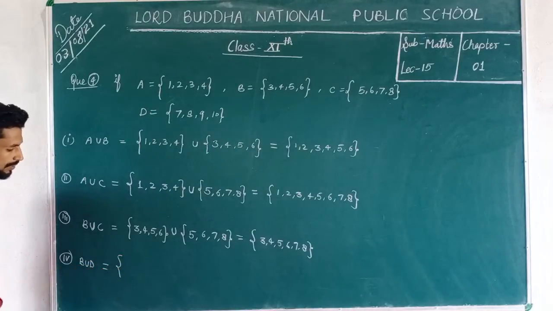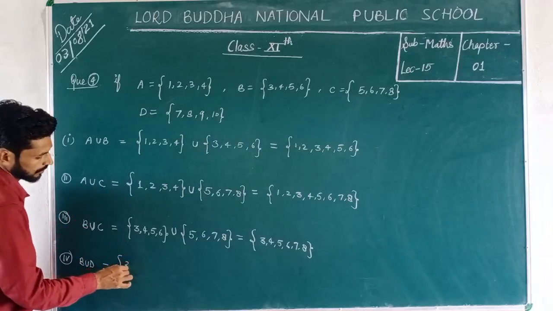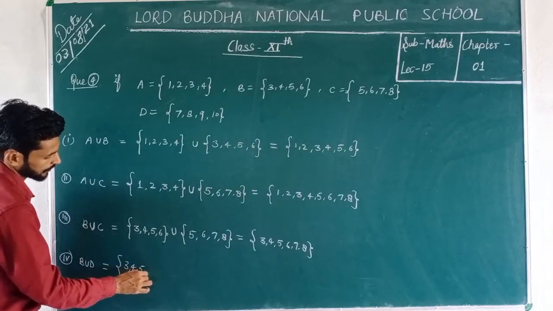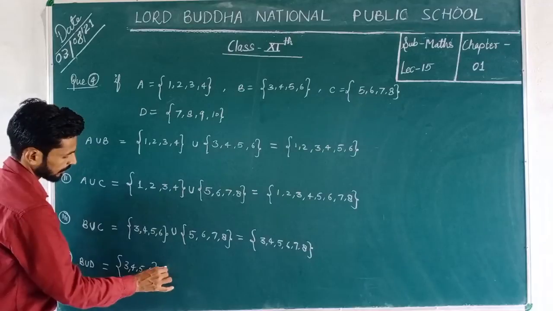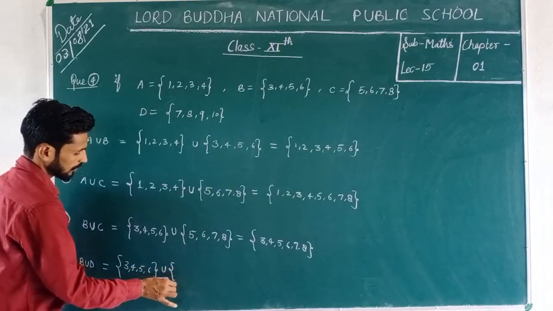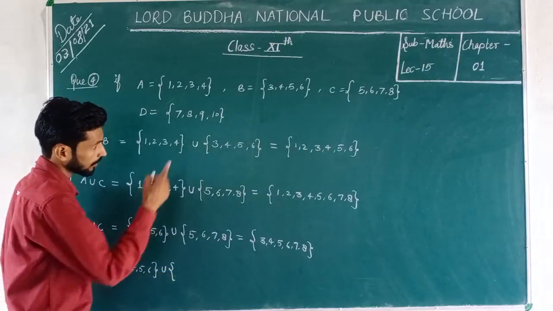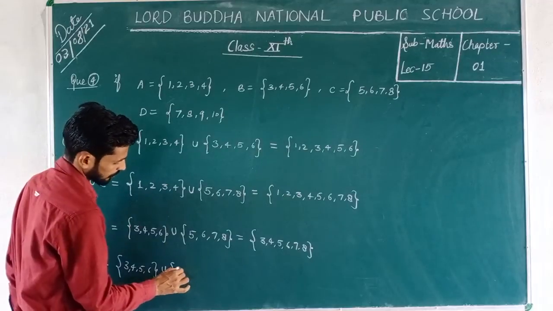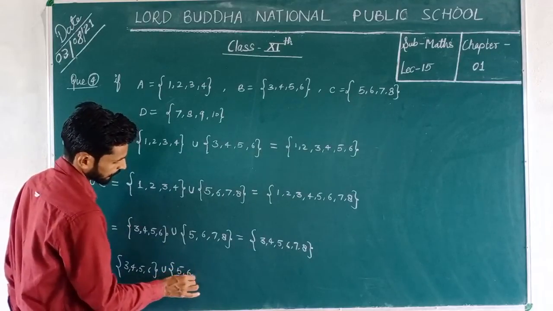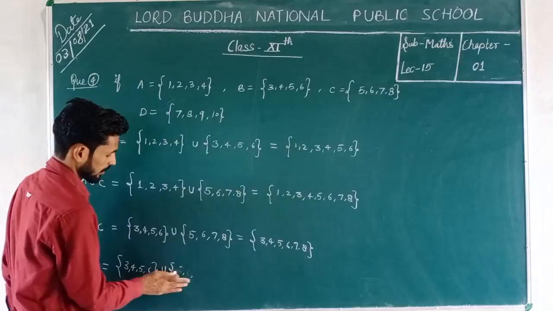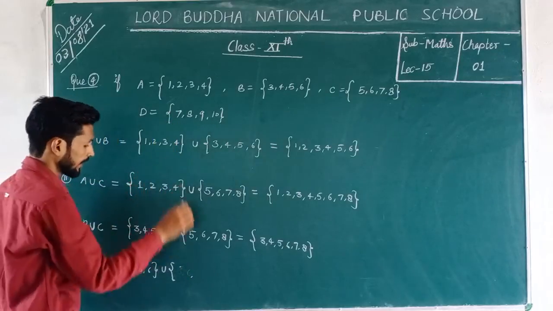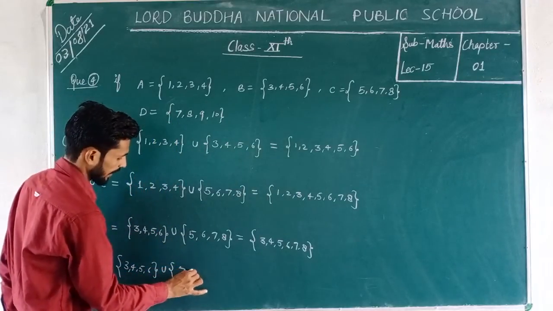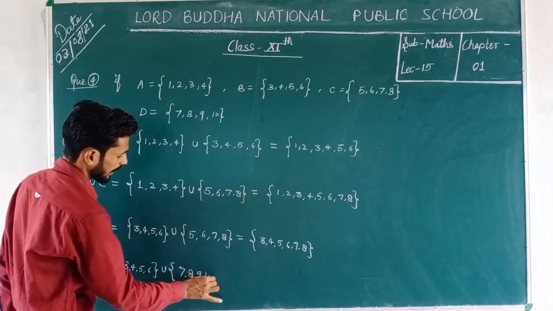And the fourth part is B union D. So write the elements of set B, that are 3, 4, 5 and 6. And now write the elements of set D, that are 7, 8, 9 and 10.